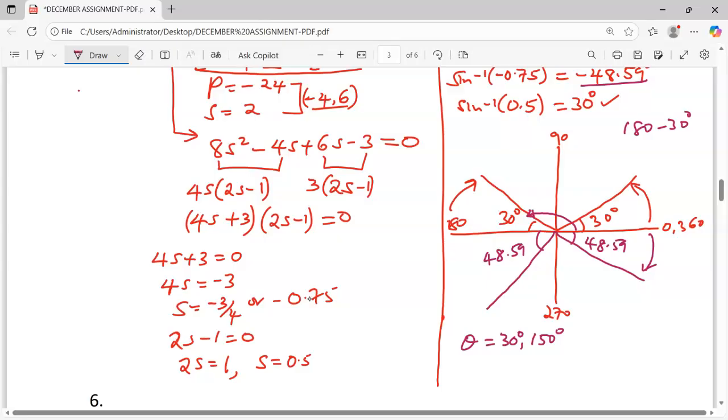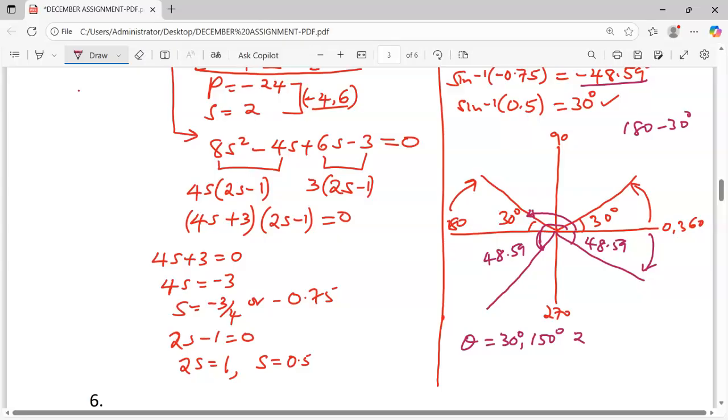We are also going to move from 0 all the way to where we have 48.59. We add 180, giving us 48.59 plus 180.